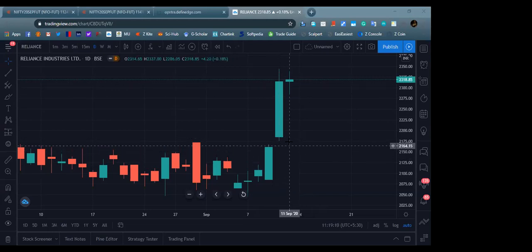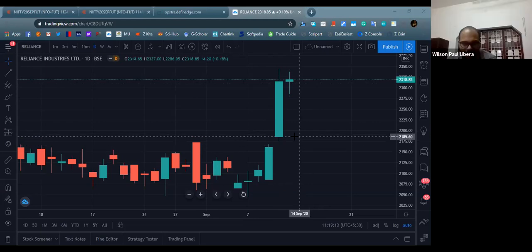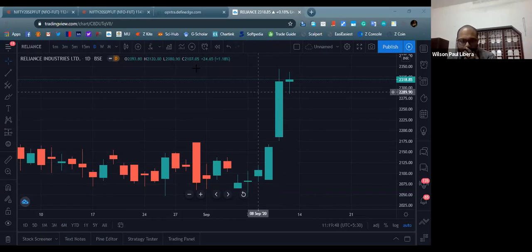In a green candle, the bottom part of the body shows the opening price of that security for that last period, whichever it may be. Maybe now we are looking at the daily time frame. The one highlighted in blue is the time frame we are looking at. So here we have the opening price of that particular day of Reliance Industries. When I hover my mouse above this particular candle, you can see the prices here.